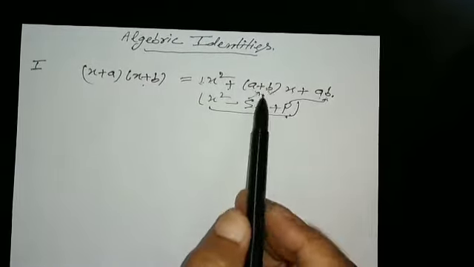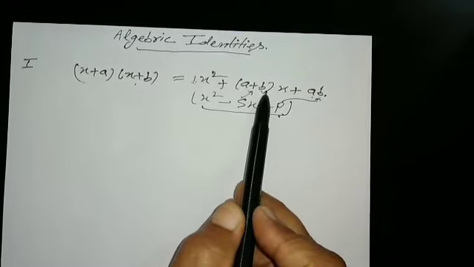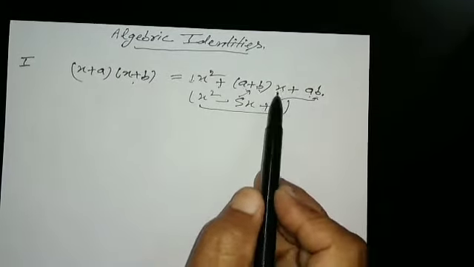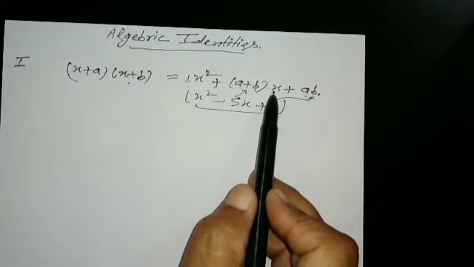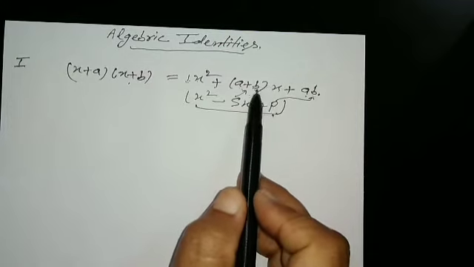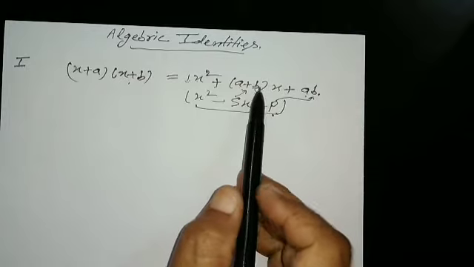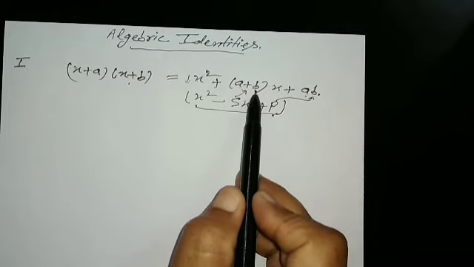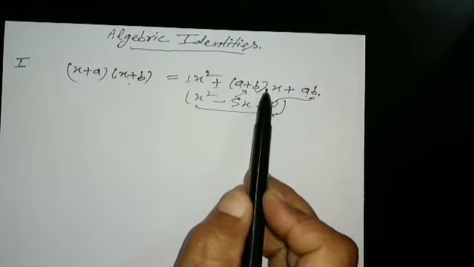So if we want to find the factors of this polynomial, what do we have to do? We have to find the coefficient of x, and that coefficient must be broken into two values, such that the values satisfy a condition.